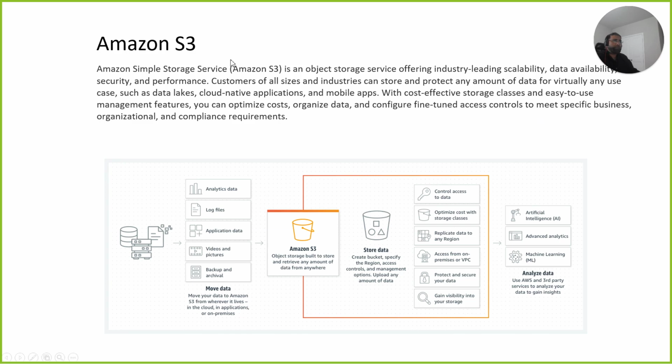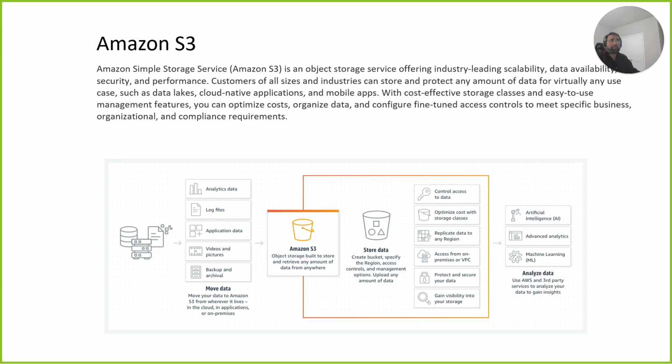If you see this architecture, you can store any kind of data within the Amazon S3 buckets, and further S3 can be used for analysis of that data. It can be used in artificial intelligence, advanced analytics, and machine learning. So data is there, you can use it based on your need, based on your business case.